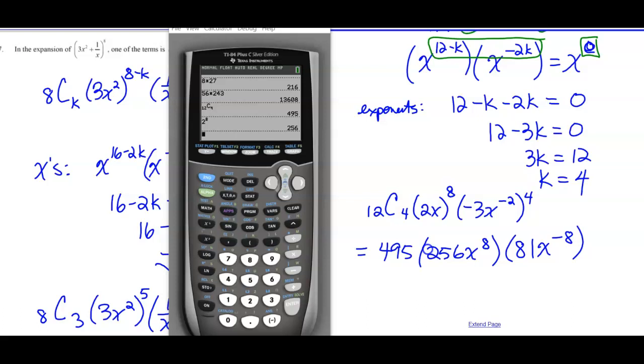This needs to multiply the powers. x to the 8 times x to the negative 8 is x to the 0, which is 1, right? So you know you want the constant term, you can't have any x's left. So then it's just going to be 495 times 256 times 81, big number.